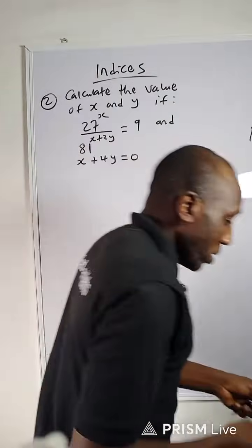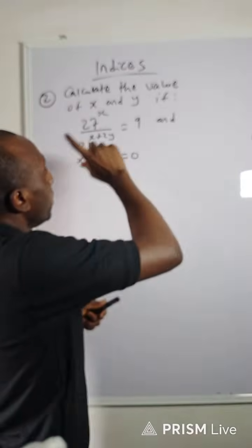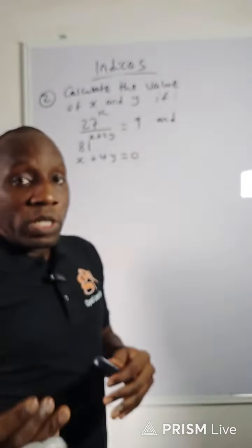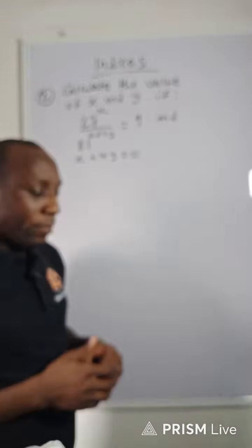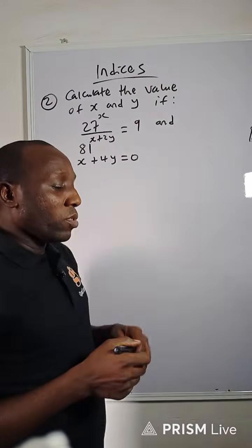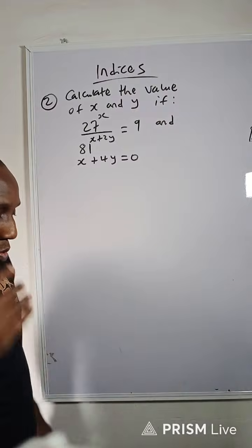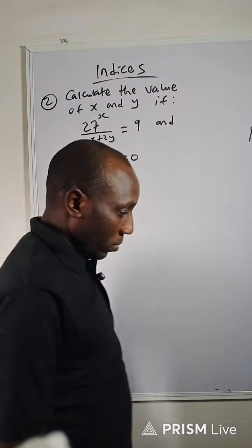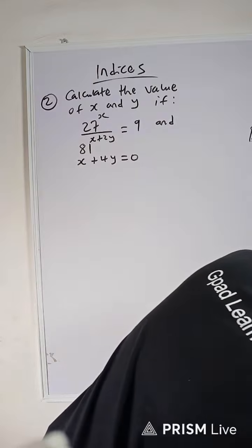So we have another interesting one. Like I said, this is going to be the last example on indicial equations leading to simultaneous linear equations. After this, we will move on to quadratic, indicial equations leading to quadratic equations. Are you with me, people?